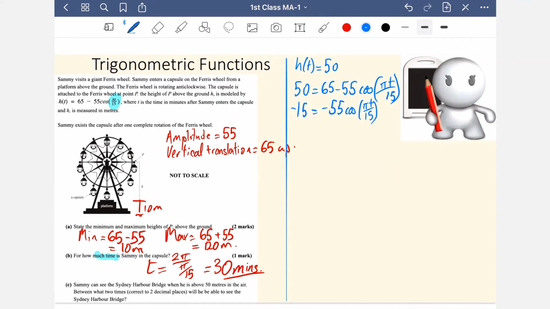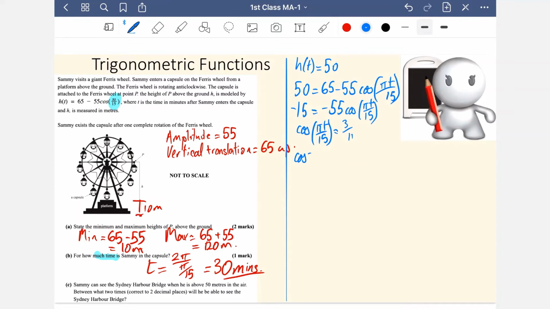Dividing both sides by negative 55, we're going to get cos of pi t on 15 equals negative 15 divided by negative 55, which is 3 on 11. Now I want to work out the value of t.